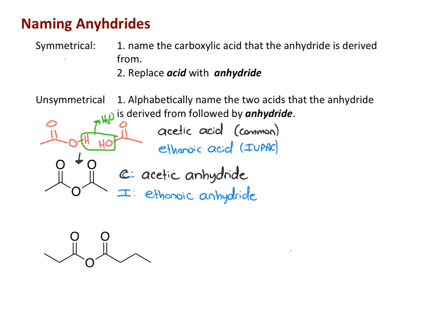Okay, the second example is an unsymmetrical anhydride. So basically you have to figure out the corresponding 2 carboxylic acids you would have used. Let's just do IUPAC for this one. Okay, this portion comes from a 3-carbon carboxylic acid, which is propanoic acid.